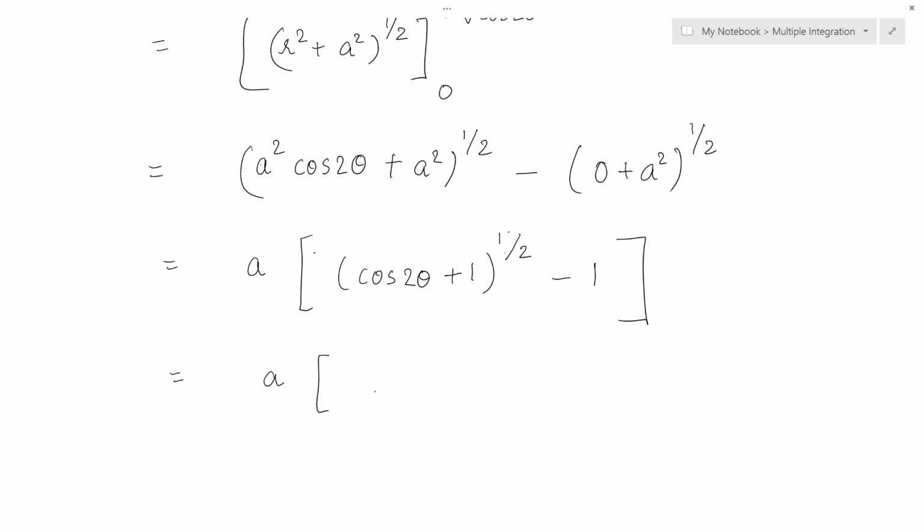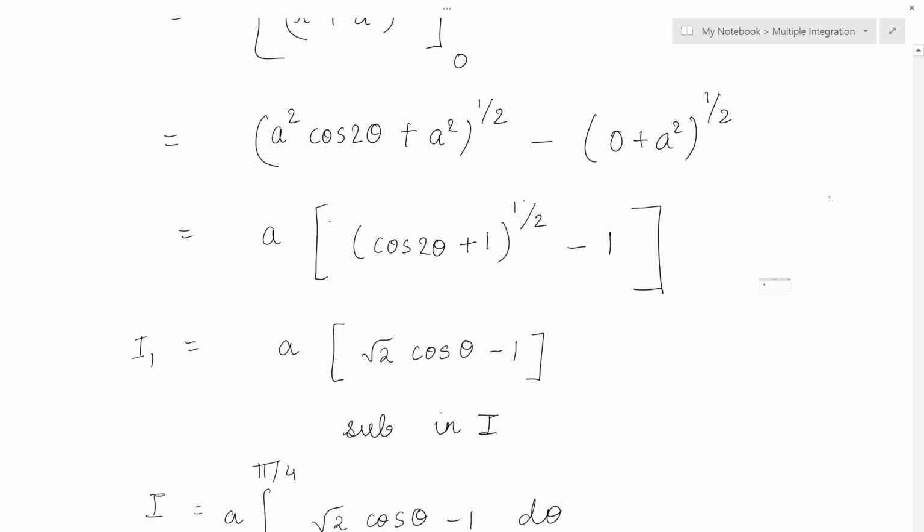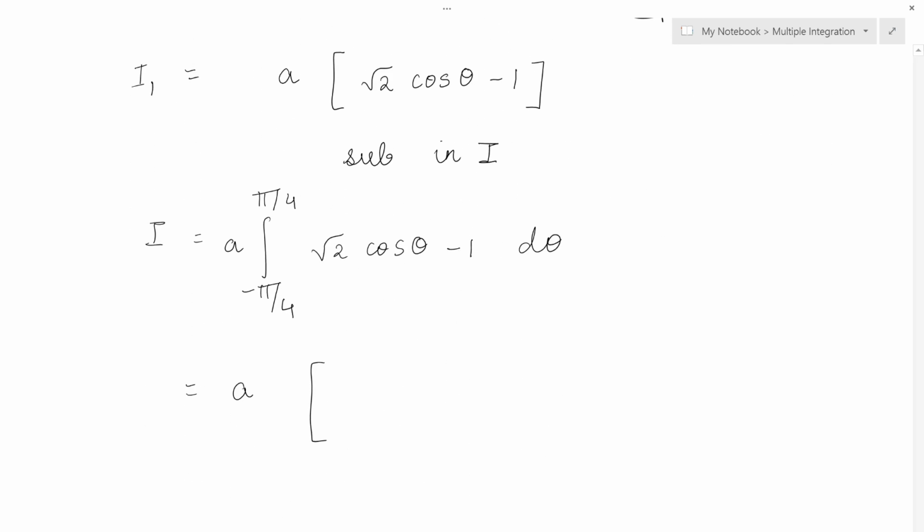This will be your answer for integration, the answer for I1. Whatever answer of I1 you get, you will substitute in your equation 1. So my I will be a into integration minus pi by 4 to plus pi by 4, root 2 cos theta minus 1. Now let us integrate this.